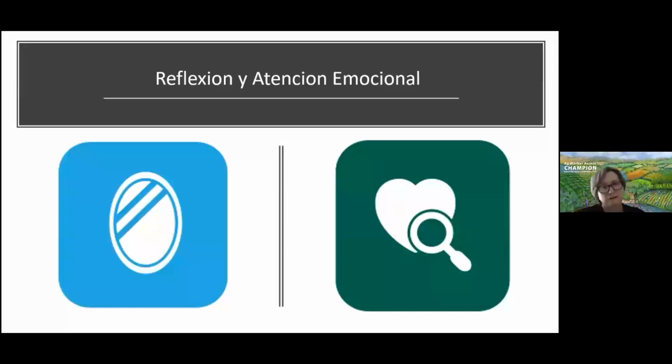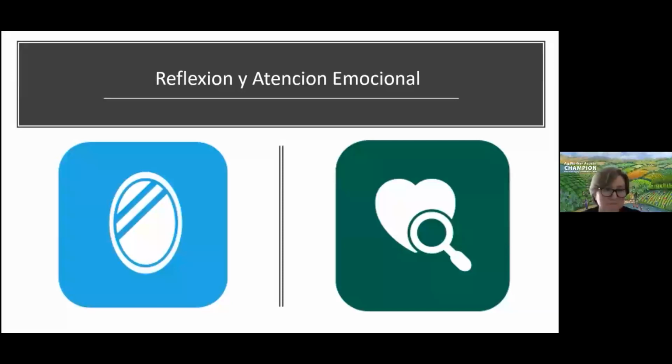Then we have reflection and emotional attention. Reflection is the one that looks like a mirror. That's that visual image, that's reflection.